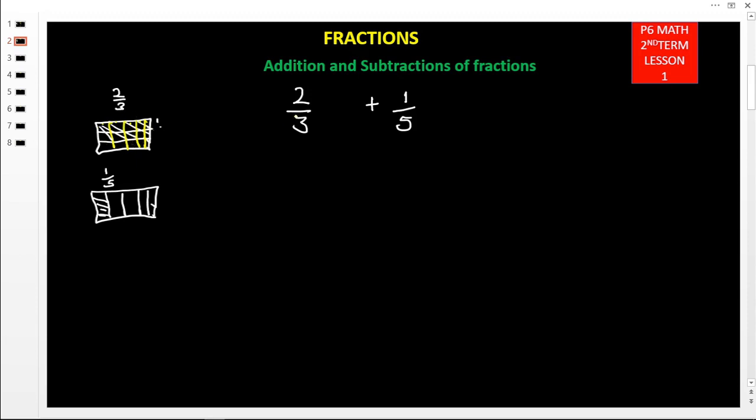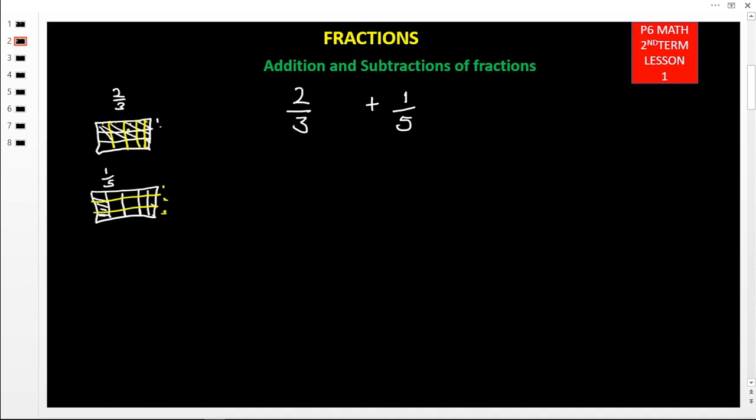This one divided his whole into 5, but this one divided his whole into 3. Now let us make the one divided into 5 equal to this one by dividing his whole again into 3. Then it will be 1 and 2, then this is 1 layer, this is 2, and this is 3. So now they are equal.